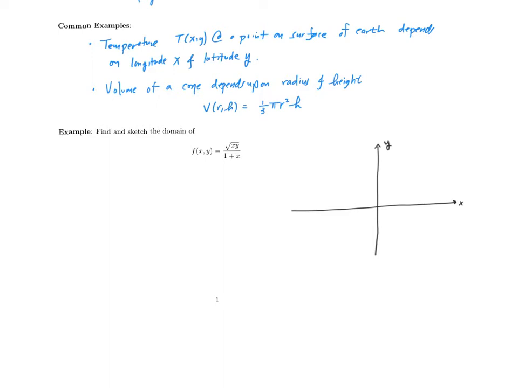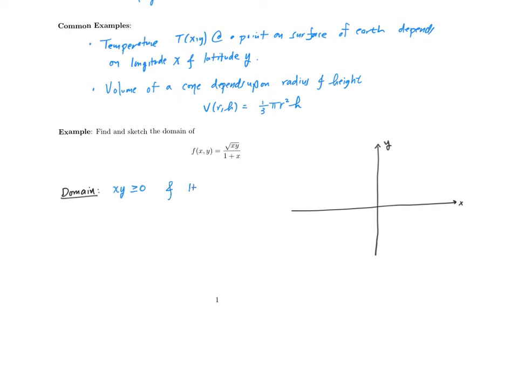So in this case, if we break this down, we think the domain would really consist of values where the square root of xy is defined. So any quantity substituted into a square root must be bigger than or equal to 0.